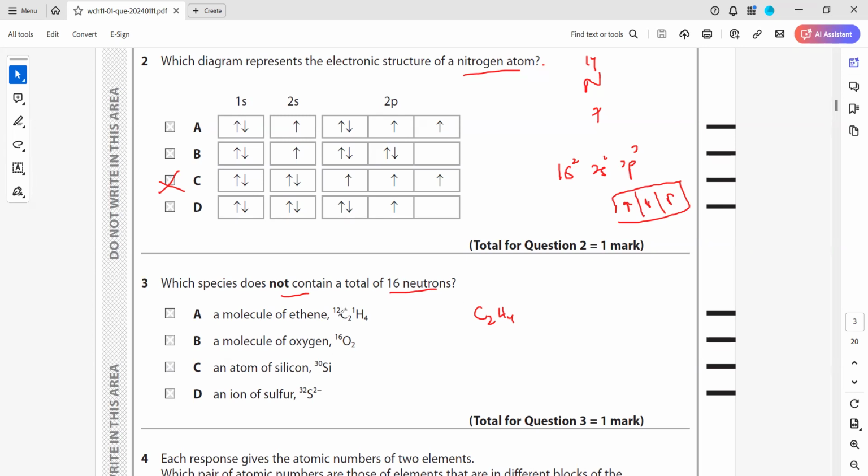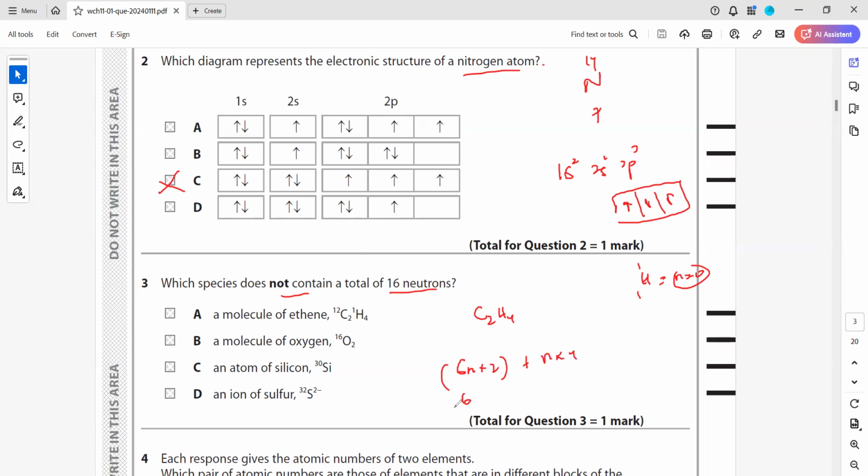Carbon is having 6, because the nucleon number is given in carbon 12. So 12 minus 6, it will be 6 neutrons. So 6 neutrons multiplied by 2 for carbon, plus hydrogen. Hydrogen 1 is there. So hydrogen does not have any neutron, because proton number 1, nucleon number 1. There's no neutron in hydrogen 1. Hydrogen 2 has 1 neutron, but hydrogen 1 does not have any neutron.